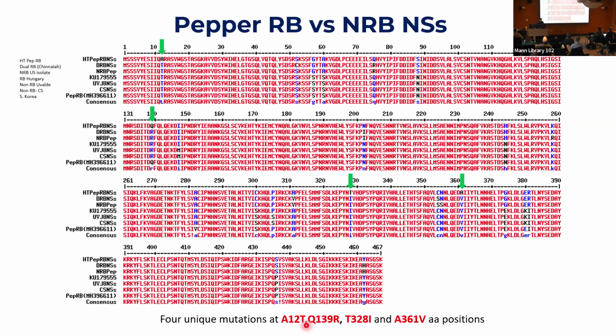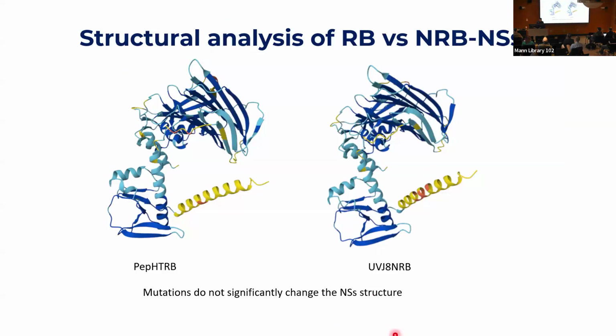The first one is at the 12th amino acid position, the second at 139th, 328, and 361. The next logical question is whether that changes the overall structure of the NSs protein. Based on the image, it does not.